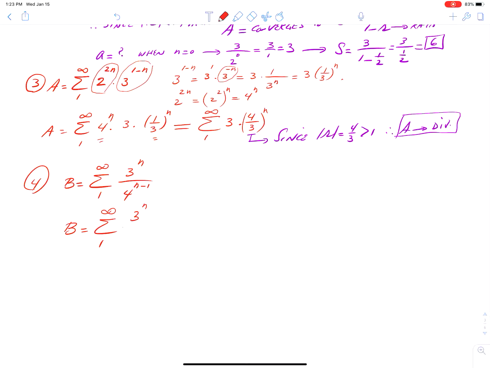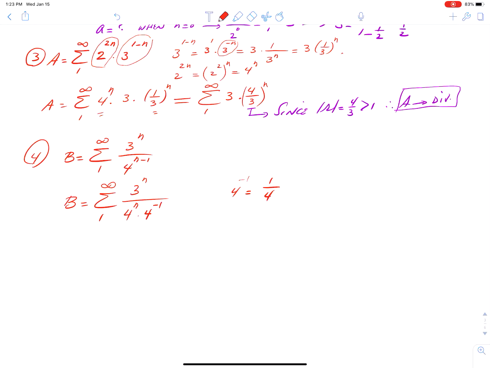I can say that 3 to the n stays. This one I can write as 4 power n times 4 power negative 1. Well, 4 power negative 1, again, anything with a negative exponent is 1 over the same thing with a positive power. If it's a negative, it becomes positive and vice versa.